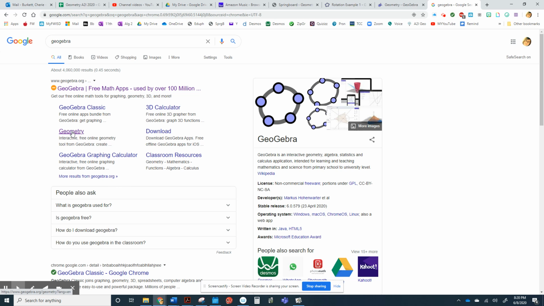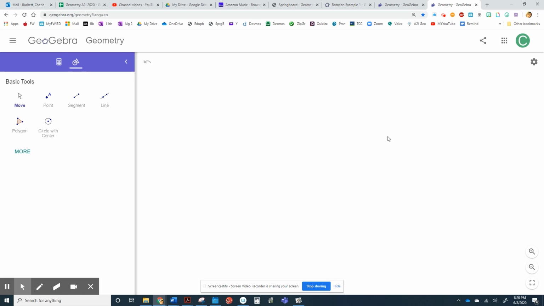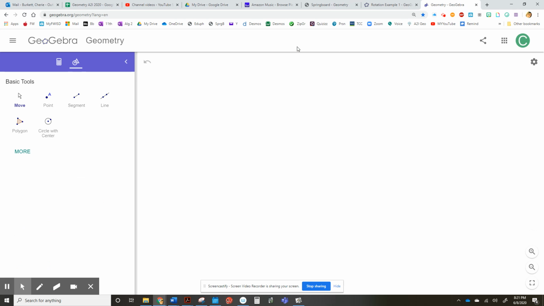I think I just said geometry. I don't know if that's what I did or not. Yeah, I just click the geometry and it takes me to a calculator page. So we're going to go from here. I already had it pulled up, but I'll just use the one that I just pulled up with y'all to show that you can start anywhere.